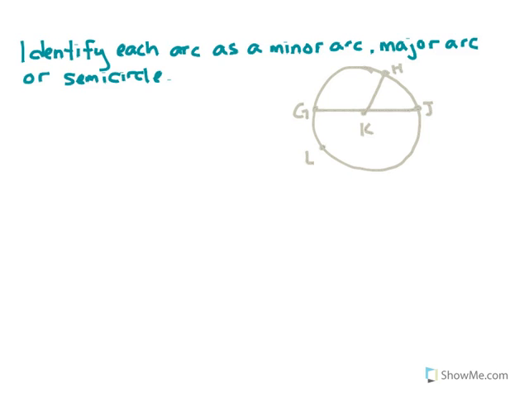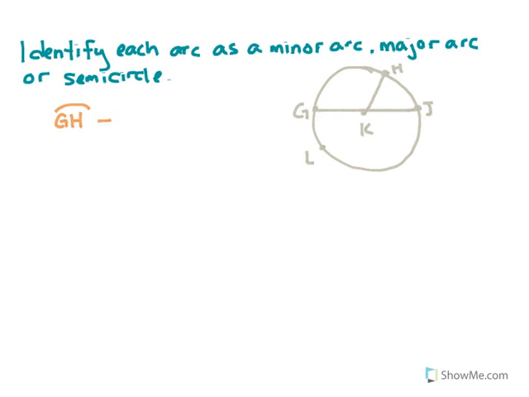So we're going to take a look at a small example here which says to identify each arc as a minor arc, a major arc, or a semicircle. And our first example is going to be arc GH. And my apologies, we do not need the measure here when we're just identifying.